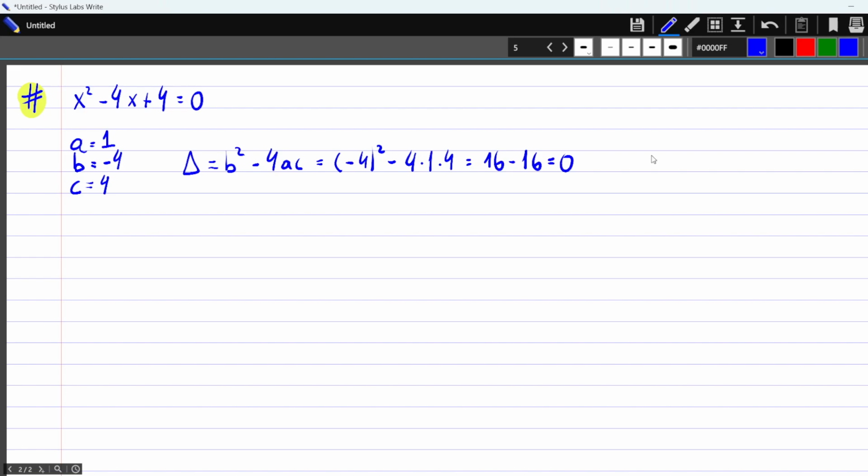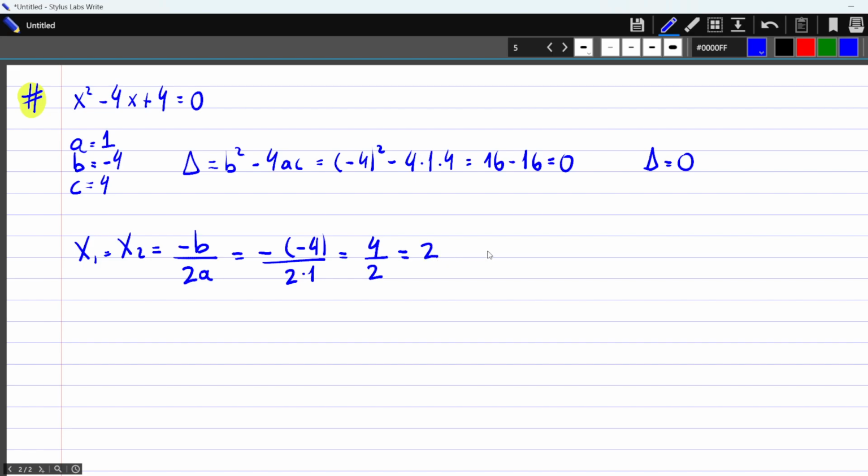So we found out that the discriminant delta is equal to 0, which means that we have one double solution, which means x1 and x2 will be the same, and they are given by the formula x1 equals x2 equals minus b divided by 2a, which is minus of minus 4 divided by 2 times 1, 4 divided by 2, which is 2.